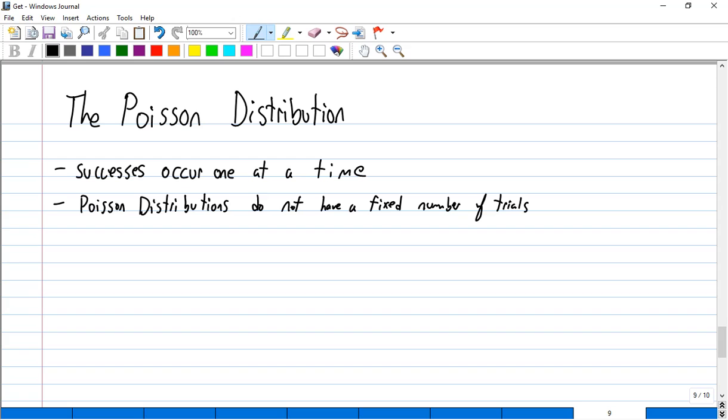So the way that your PowerPoint points that, it says the occurrence of a success in any time interval is independent of the occurrence of a success in any other time interval. So let me explain to you the situations we're going to be looking at here.